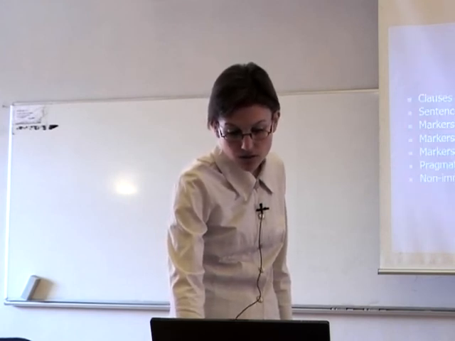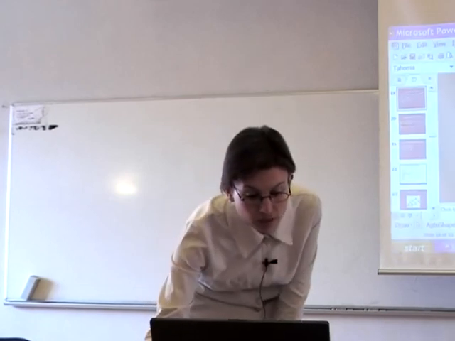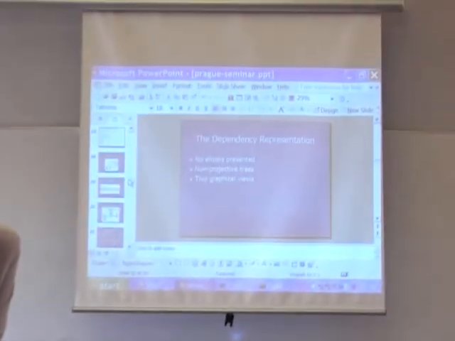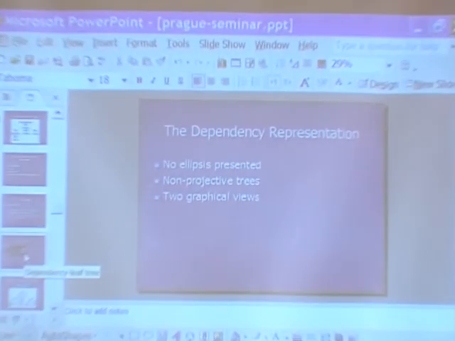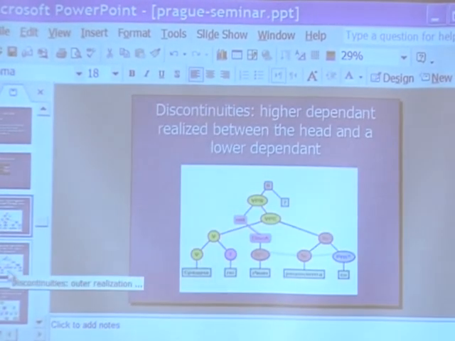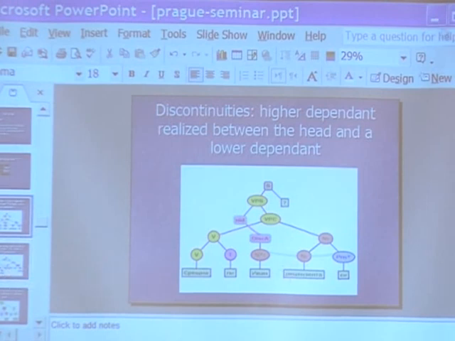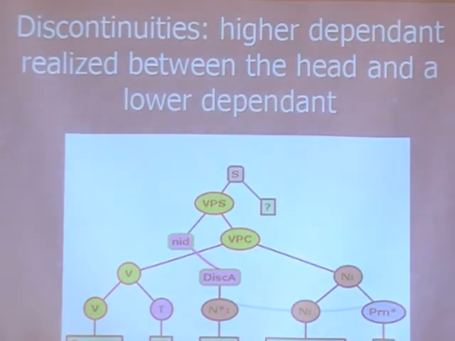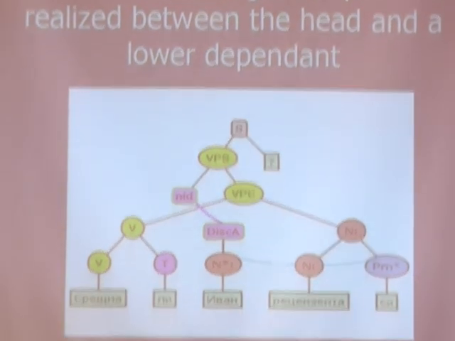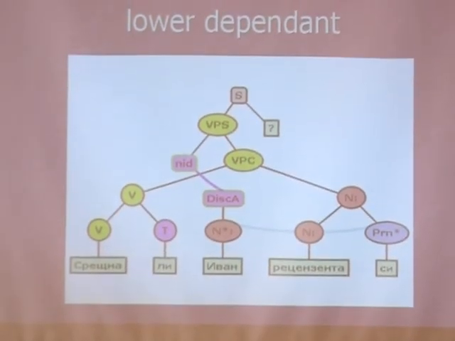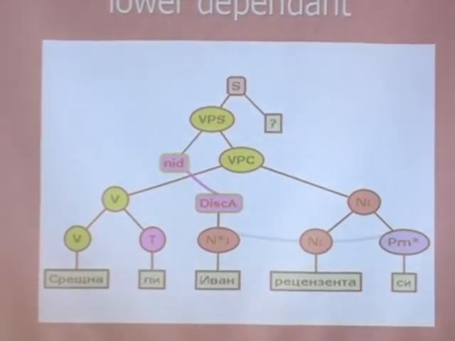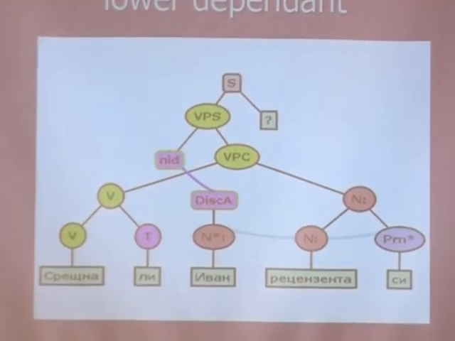To the crossing, we should go to "srečnali Ivan". There are two daughters of the verb.